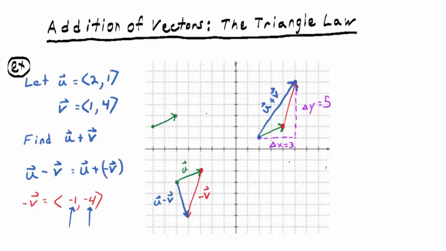Okay. Now compare that with the original vectors u and v. And what are we essentially doing? So first of all, in case I'm not clear here, u plus v in component form then is 3 comma 5, right?